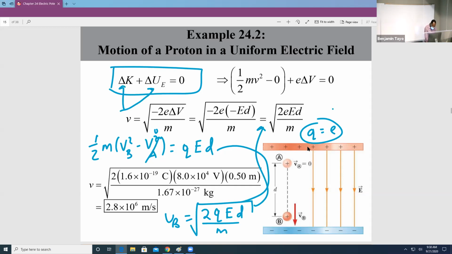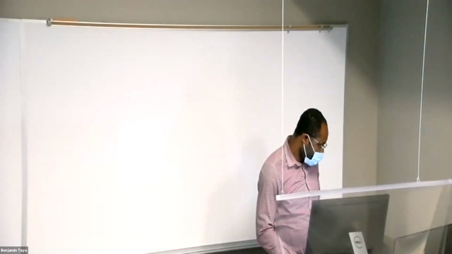Now, if you go ahead and substitute everything here, you should end up with this equation. Now let me take a moment here just to explain.